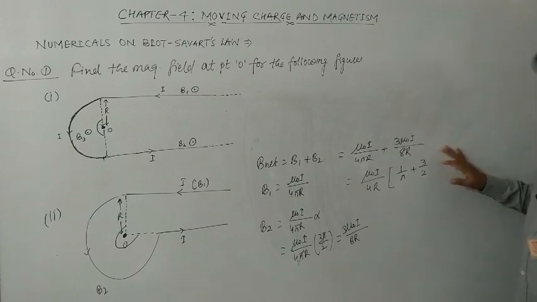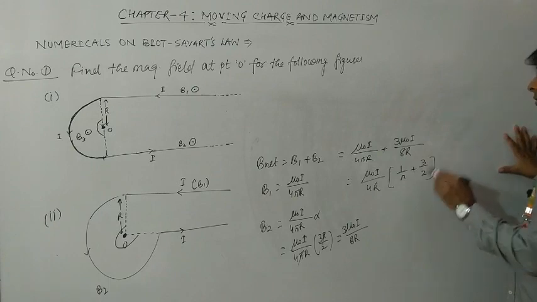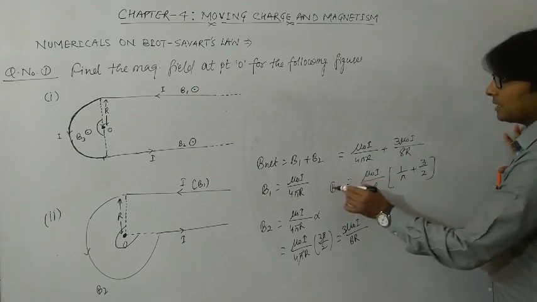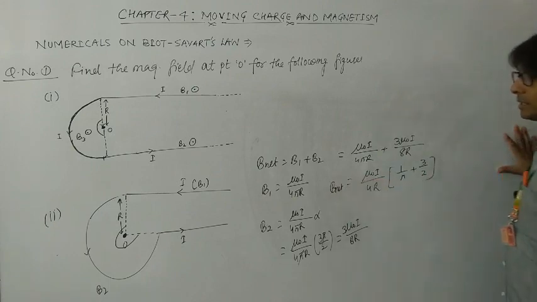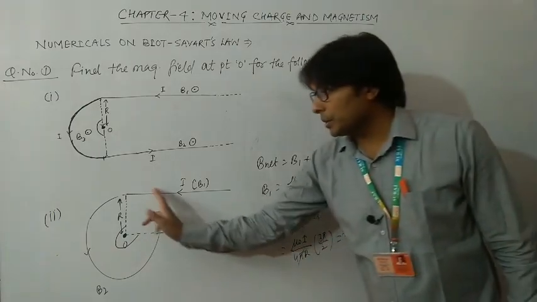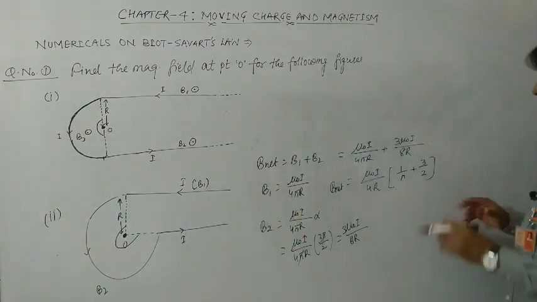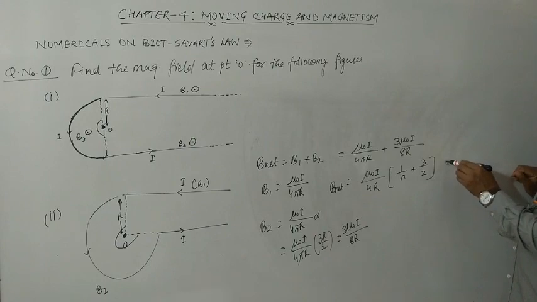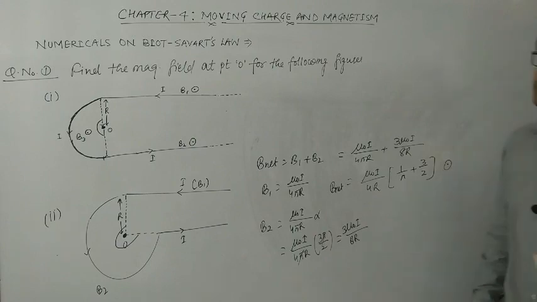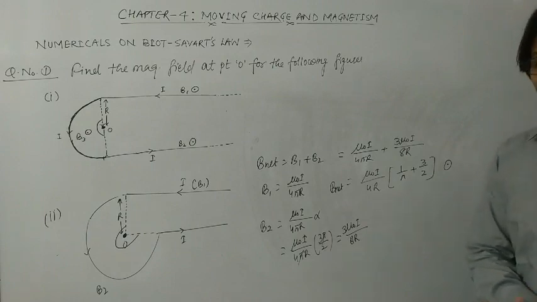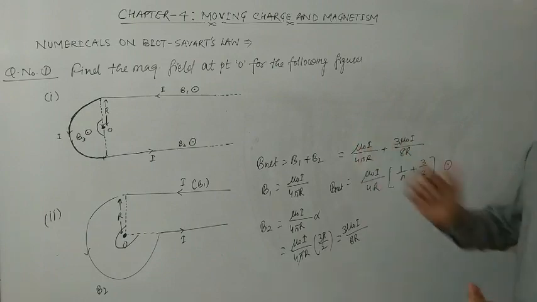So this will be the value of net magnetic field at point O due to this arrangement, and the direction we have already discussed will be perpendicularly outward. So this is how we are going to solve such type of questions. We are moving on to the next question.